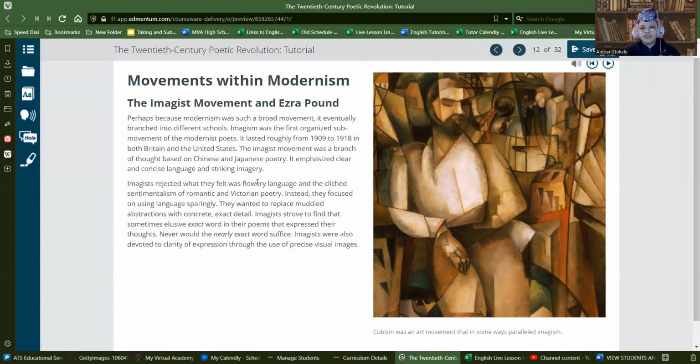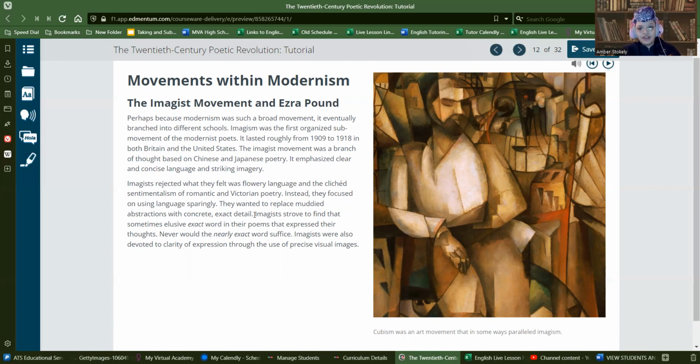The point was to give people a vivid image in their head in as few words as possible, in exact detail. They didn't want any words stretching out a sentence. They were like, what is the best way that I can use words to get people to picture this exact feeling or setting or person?